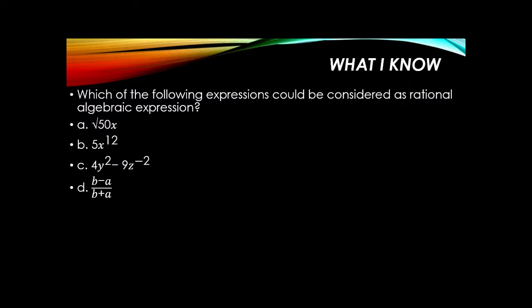C, 4y squared minus 9, z raised to the power of negative 2. And letter D, b minus a all over b plus a. And the correct answer is letter D.